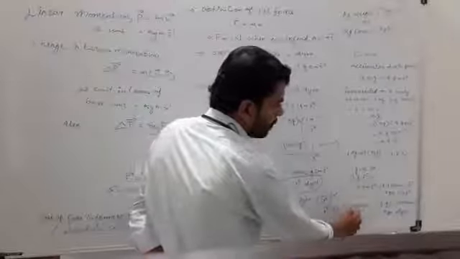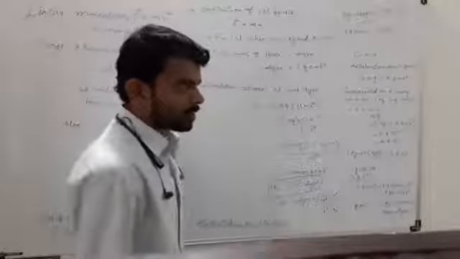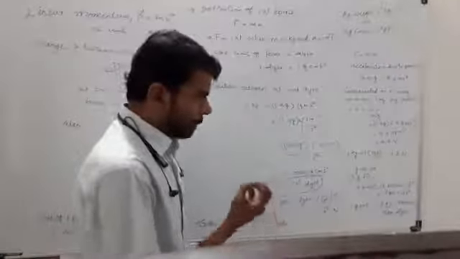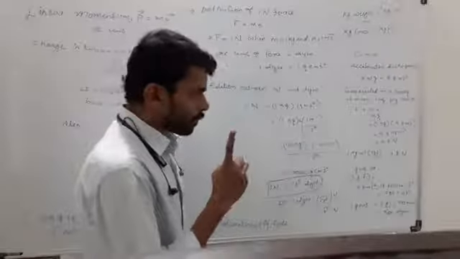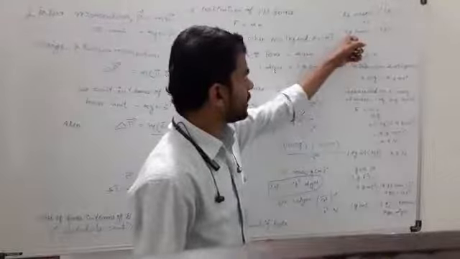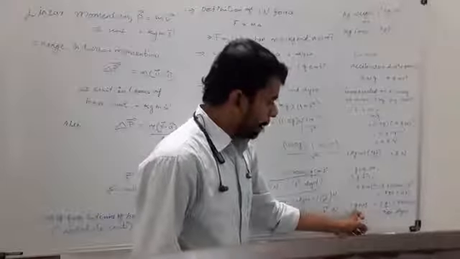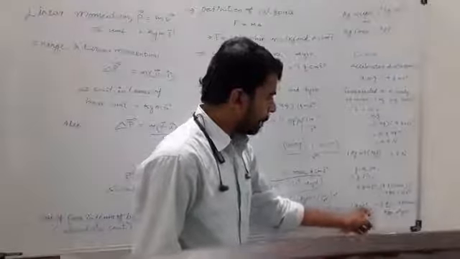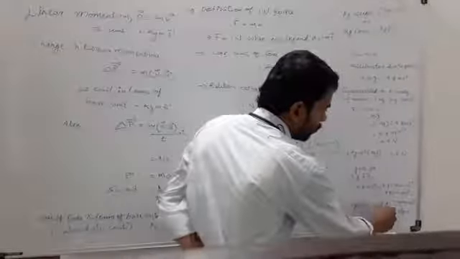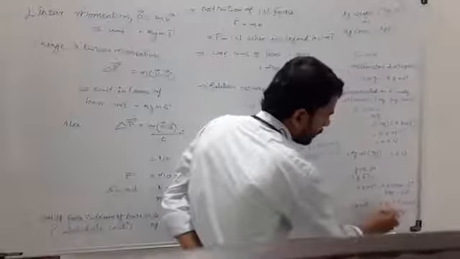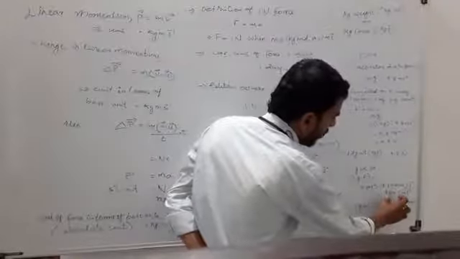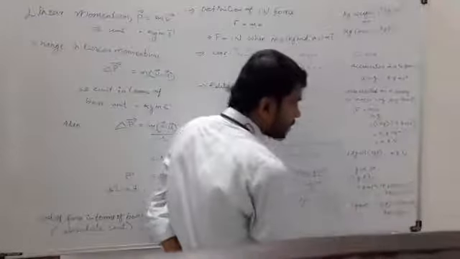And the mass we will consider is 1 gram. So the force exerted by Earth on a mass of 1 gram: 1 gram into ma. What is m? m is 1 gram. What is a? 980 centimeter per second square.